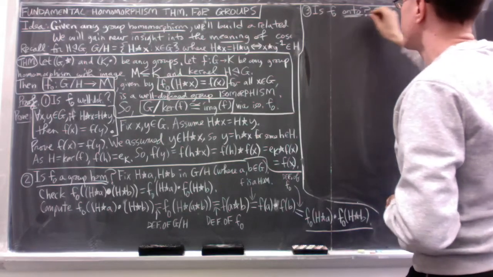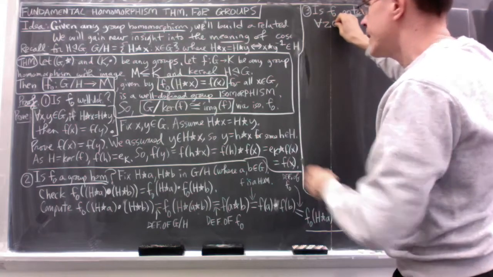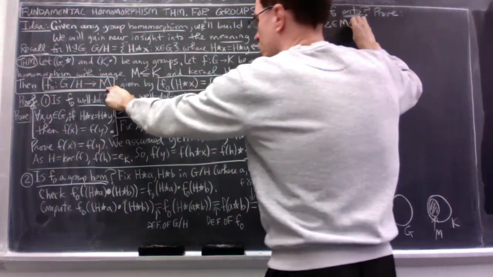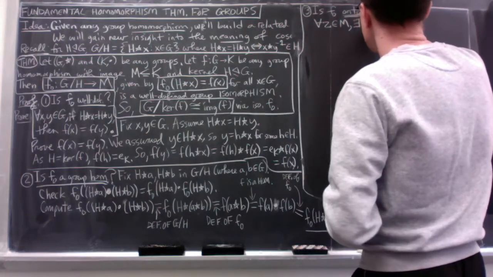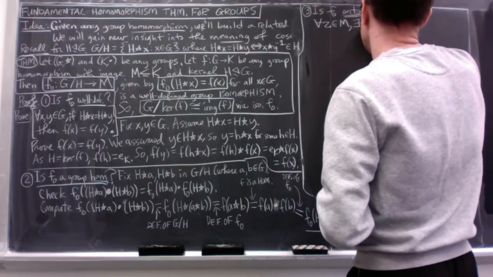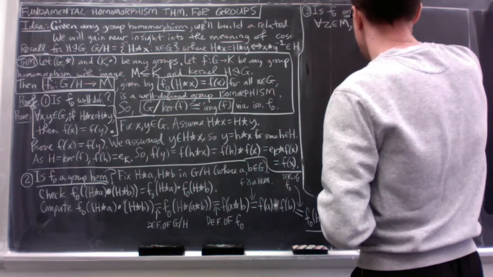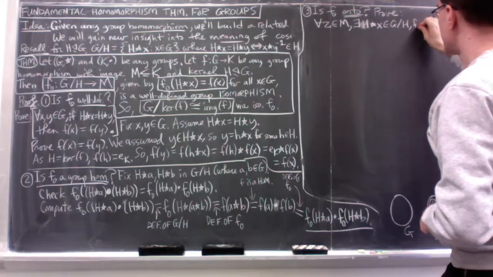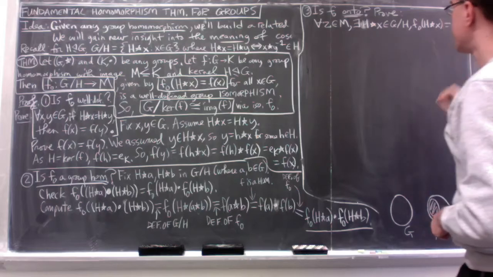So we have to prove that for every z in M, the codomain of this new function, there exists an x in G, or how to say it, there exists a coset, if you like, there exists an h star x in G slash h, such that f naught of h star x is actually equal to z.